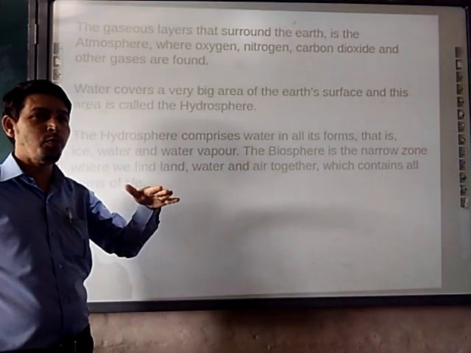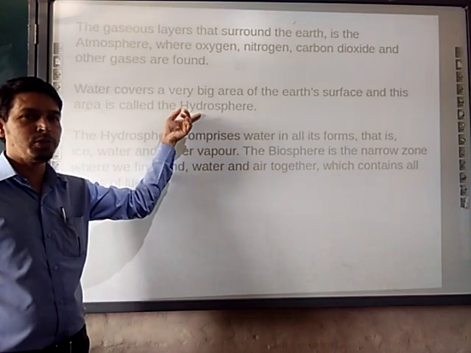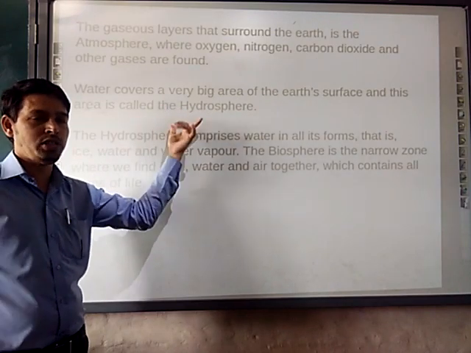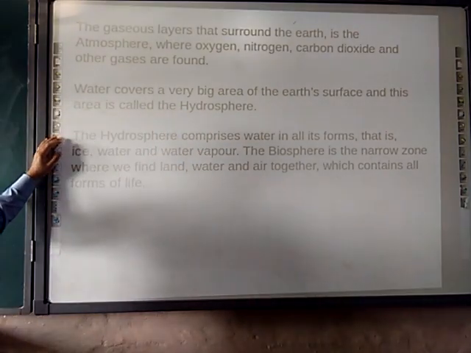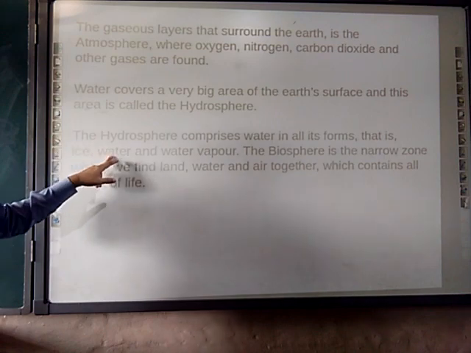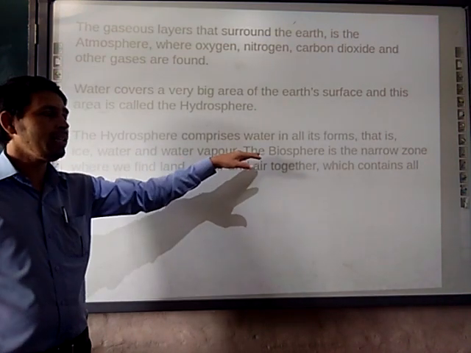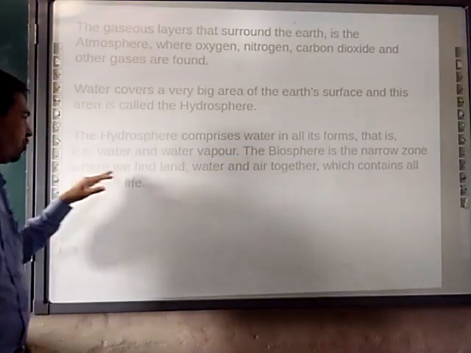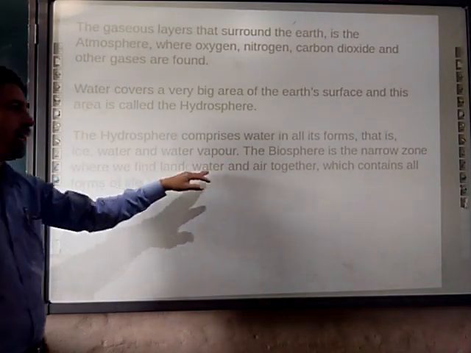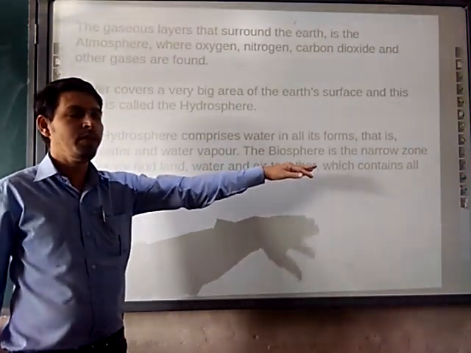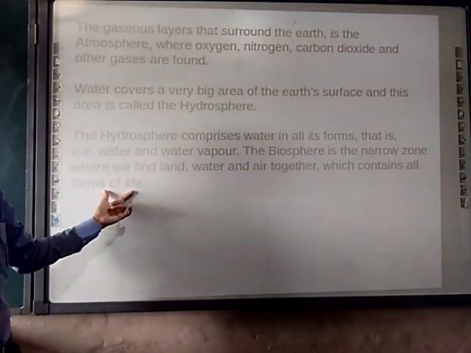The sphere of water is known as hydrosphere. Hydro means water. The hydrosphere comprises water in all its forms, that is ice, water, and water vapor. The biosphere is the narrow zone where we find land, water, and air together, which contains all forms of life.